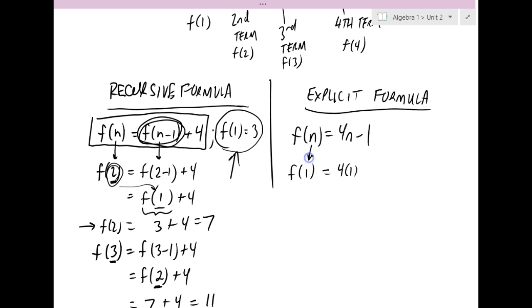So if I put 1 in place of that n, I have to put 1 in place of that n and subtract 1. So my answer is 3. If I want to know f of 2, that's the second term. That is 4 times 2 minus 1, which is 7. Zolfi, what would f of 3 be?